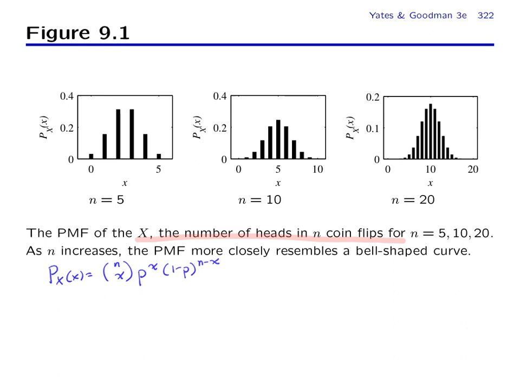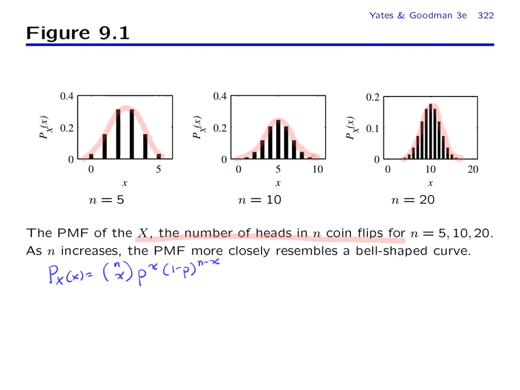When we look at this PMF, for n equals 5, we see something that is kind of a small mountain of probability. For n equals 10, it starts to resemble pretty strongly a bell-shaped curve, although my drawing isn't very good. For n equals 20, the bell-shaped curve of the PMF becomes kind of obvious.